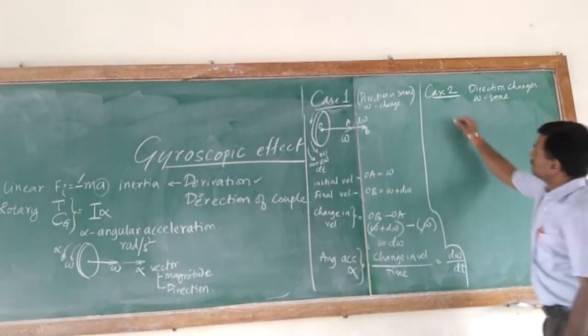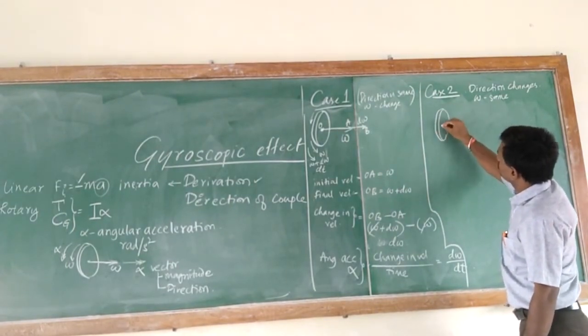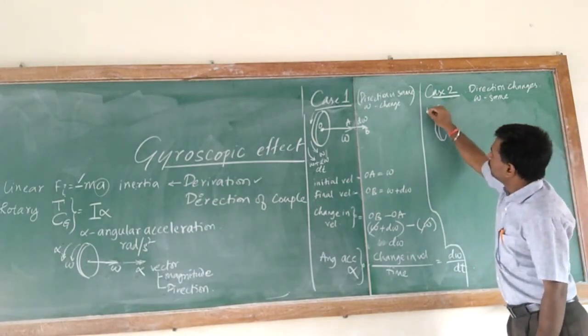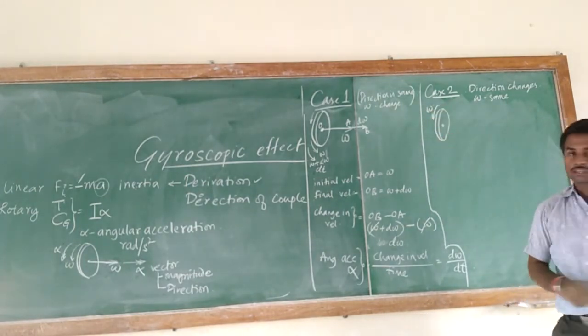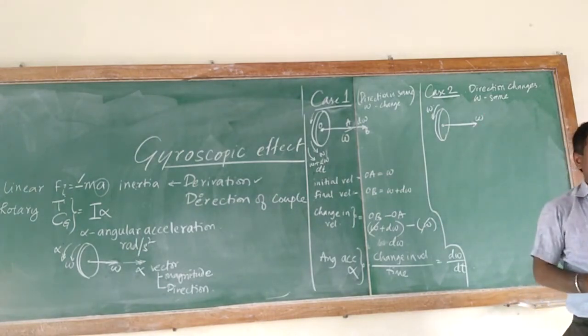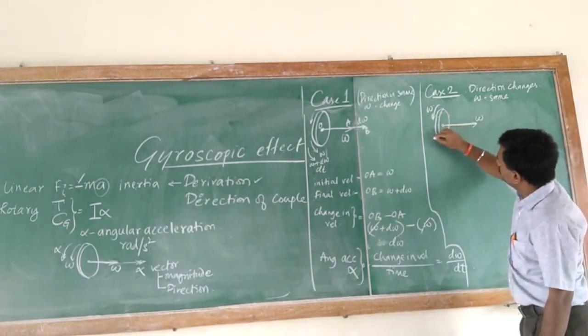Let's again take it like this. It's rotating with angular velocity omega. Initially its direction is like this. After some time, let us say its direction has changed.